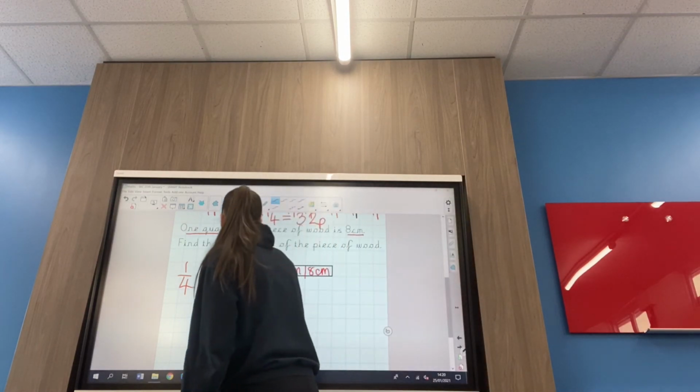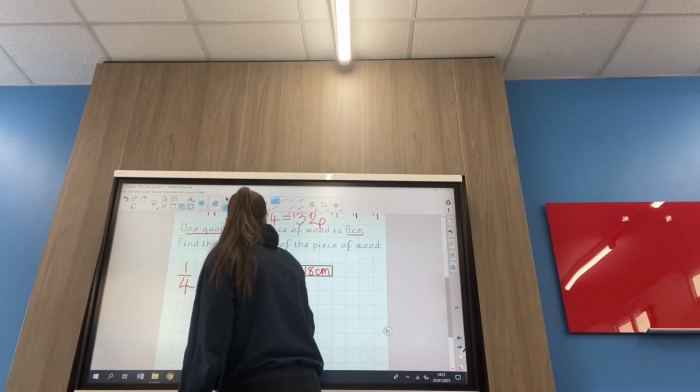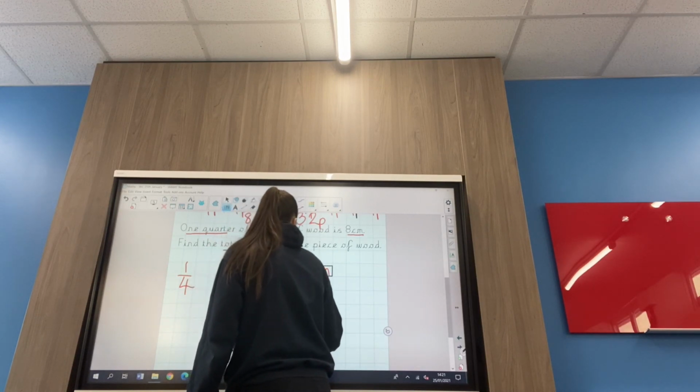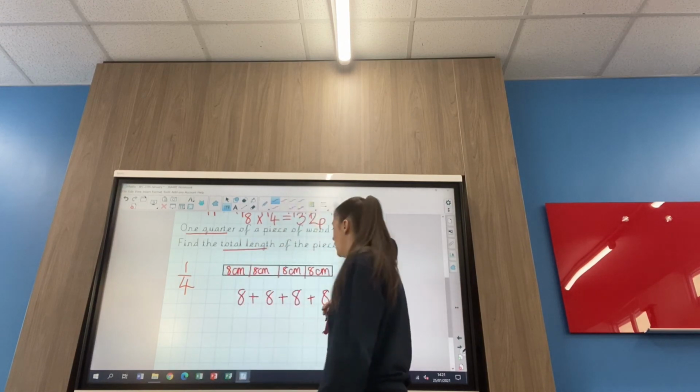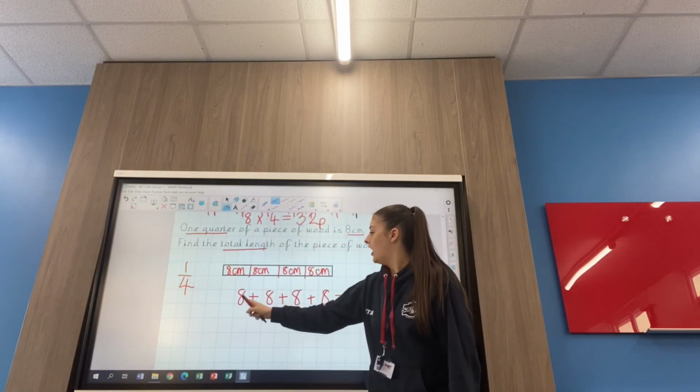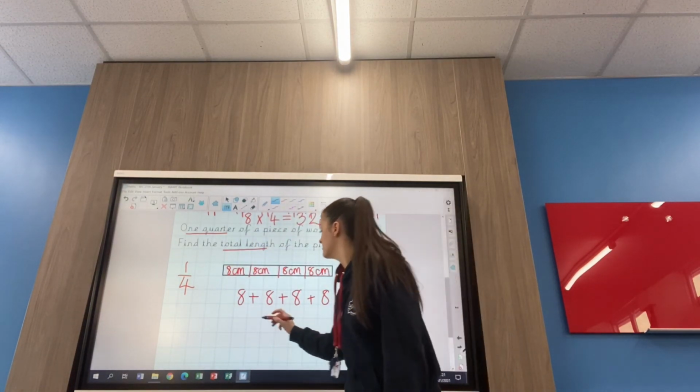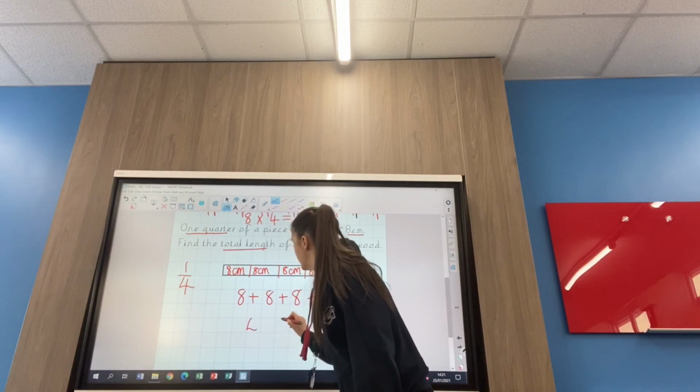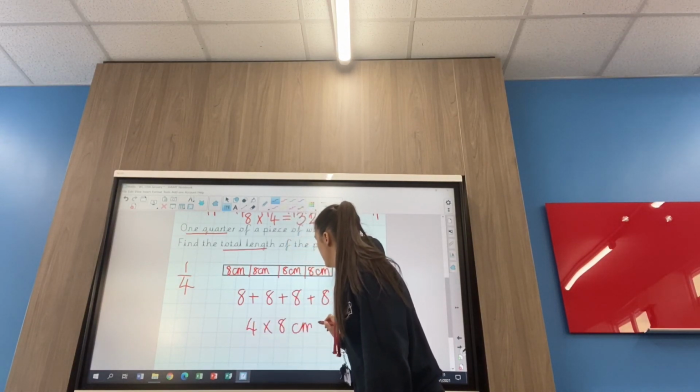So it's like our repeated addition again. We can do 8 centimetres as 8, add 8, add 8. Or there, I've got 4 8s, 4 lots of 8 centimetres, okay?